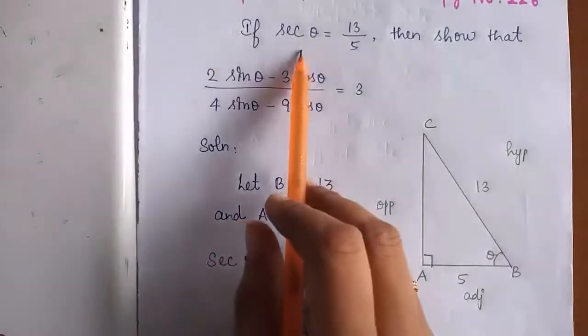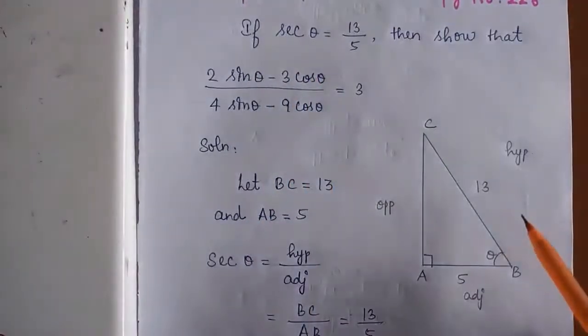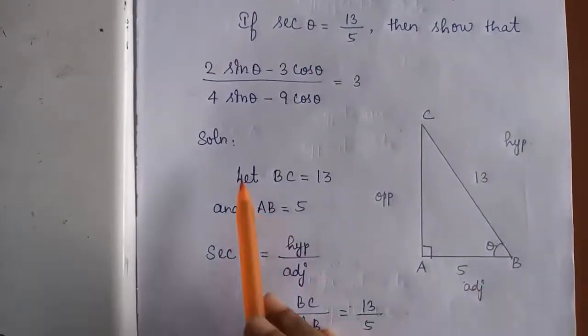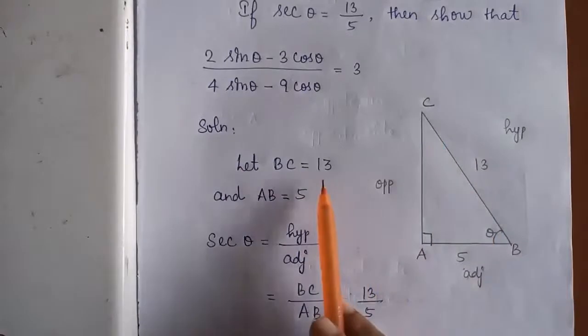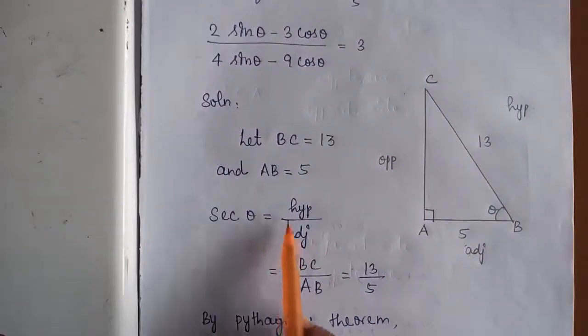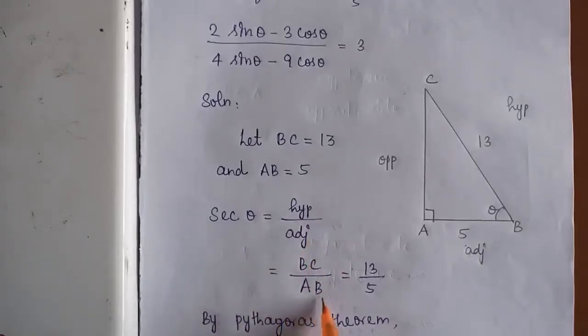Here they are given only secant theta. So secant theta is hypotenuse by adjacent. So the values are 13 and 5. So let BC is equal to 13 and AB is equal to 5, because secant theta is equal to hypotenuse by adjacent, which is equal to BC by AB is equal to 13 by 5.